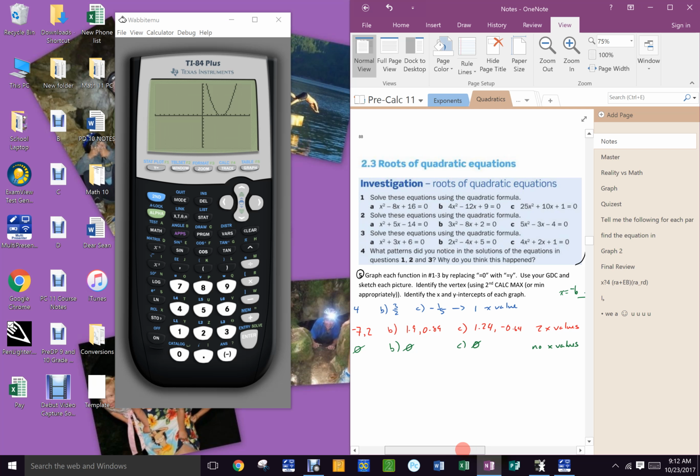Now, I have asked you to do two things with your graphing calculator. One, I've asked you to sketch the graph, right? So, down at the bottom here, we're only going to do one from each section, okay? We're going to do 1A as soon as my computer allows me to write again. Okay, again, you guys don't need to write this down.